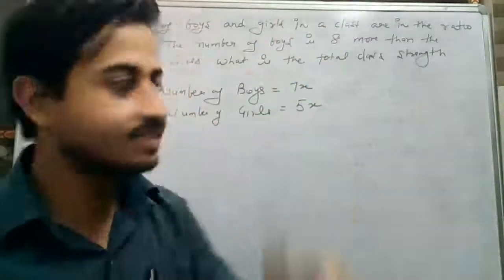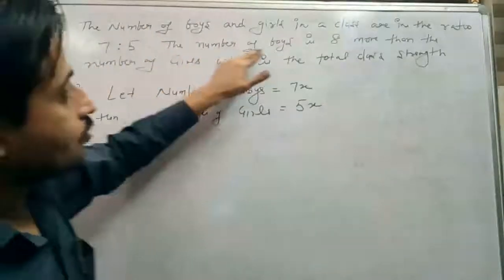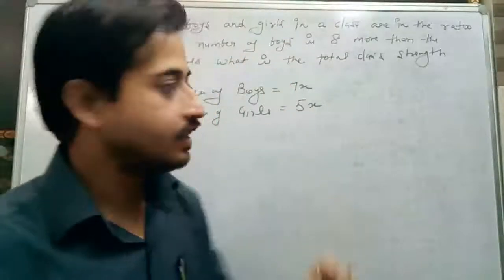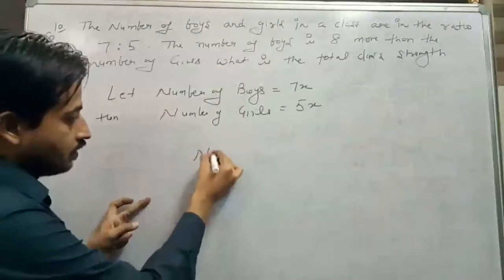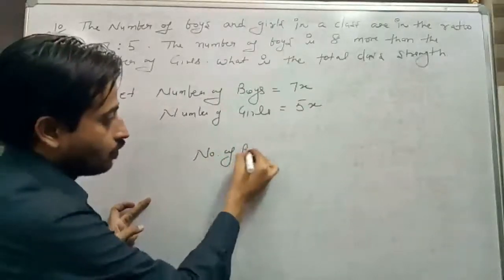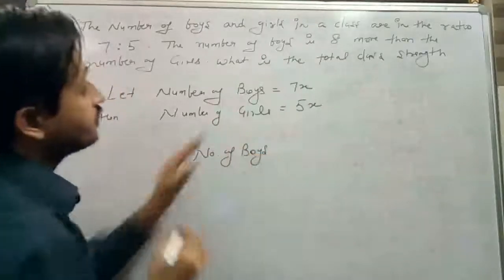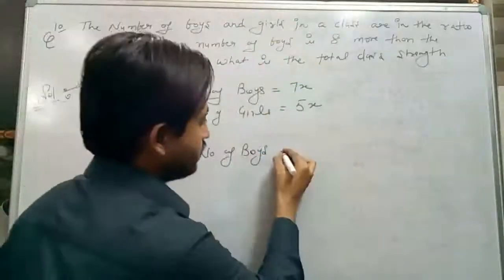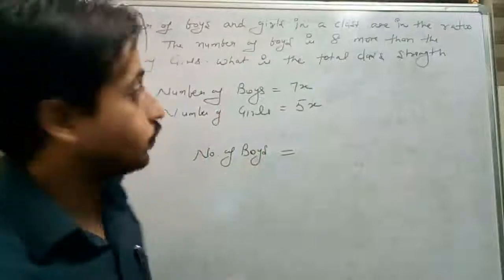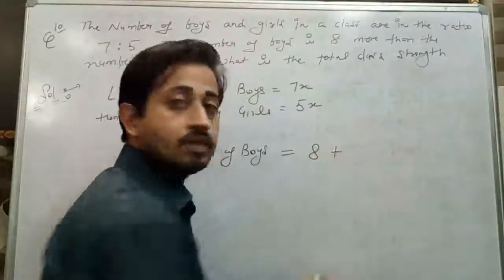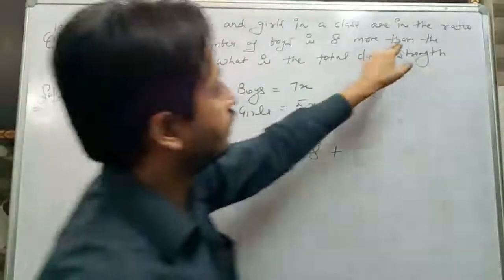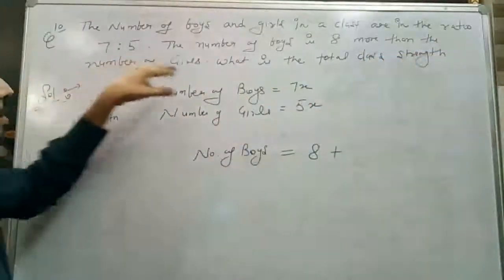It becomes very easy. The number of boys, please write it in statement form. The number of boys is equal to 8 more, it means 8 more means add, then the number of girls.